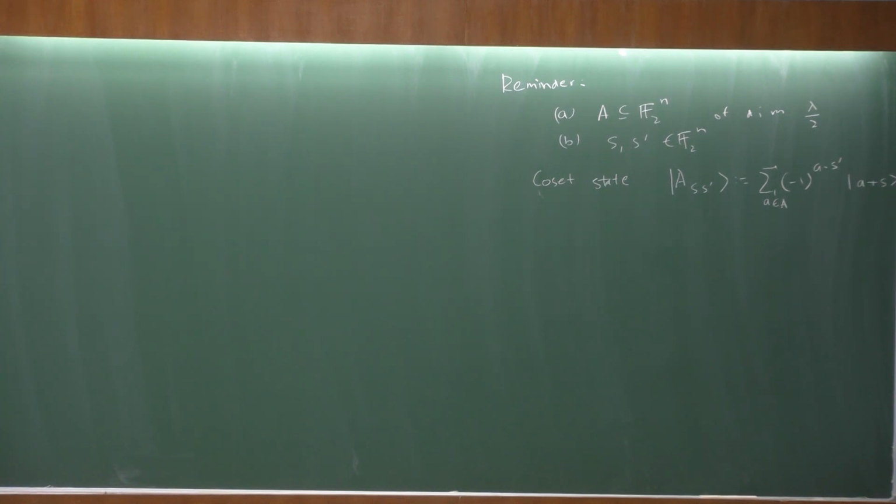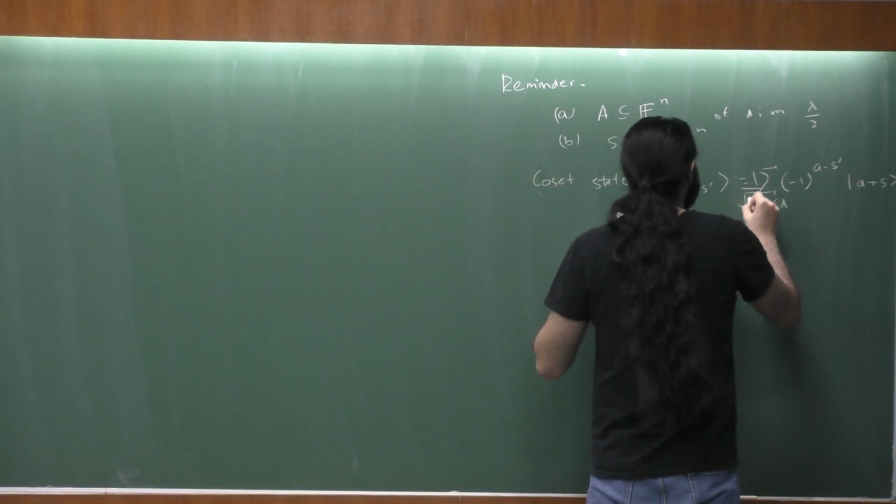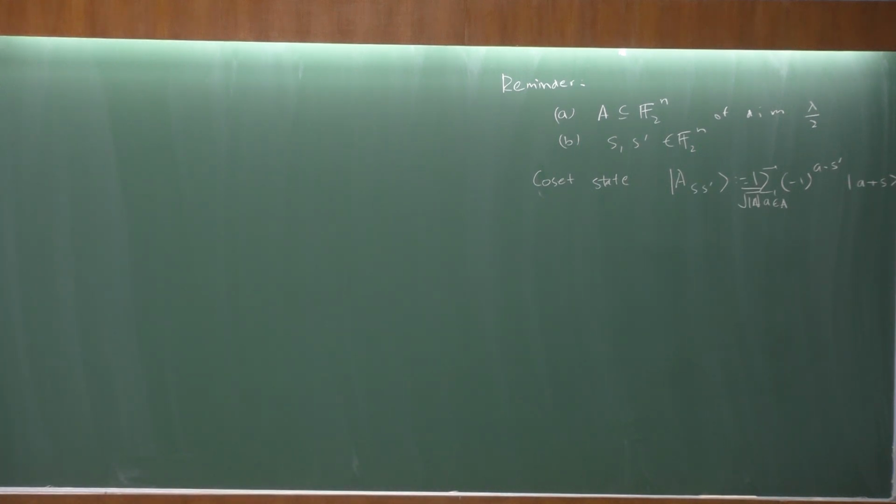Okay, so I missed the normalization factor. So let's fix that: 1 by square root size of A. Okay, so that's the definition of the coset state.